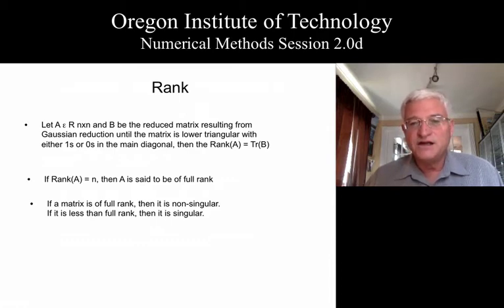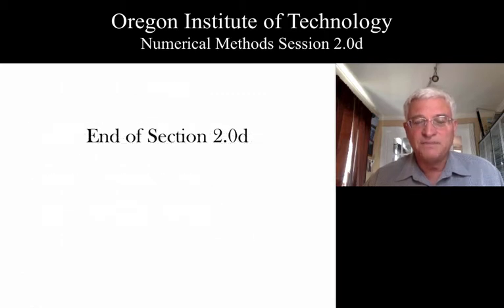If it is singular, then you're not going to be able to get a unique solution, and you're going to have to write that into your software as a check to make sure that you don't try to do something that can't be done. So that ends this particular section, 2.0D, and we have one more preliminary section that will get us completely ready for our numerical methods in 2.1, and that will be to study inverses, and we'll do that next time.